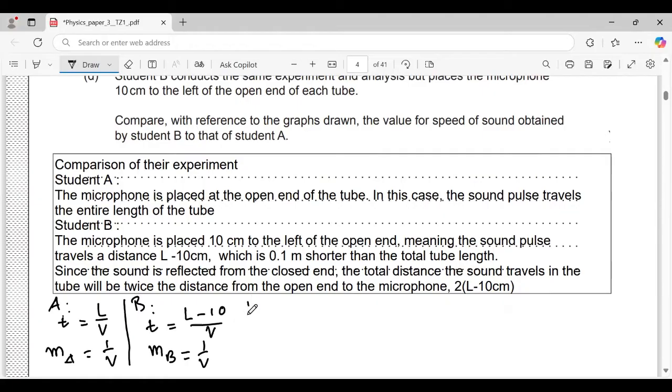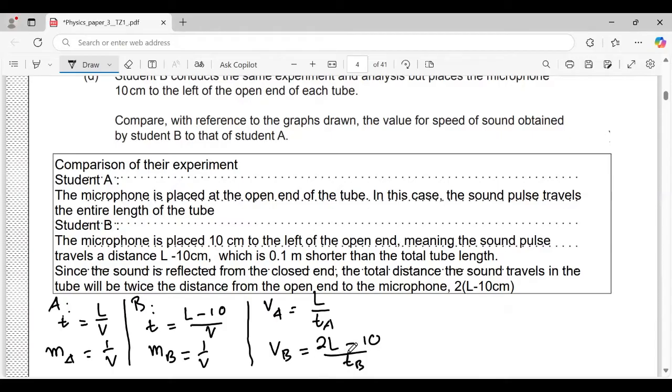How about their speed? We can determine their speed through the formula: velocity of experiment A is L over TA, and velocity of B is 2L minus 10 over TB.